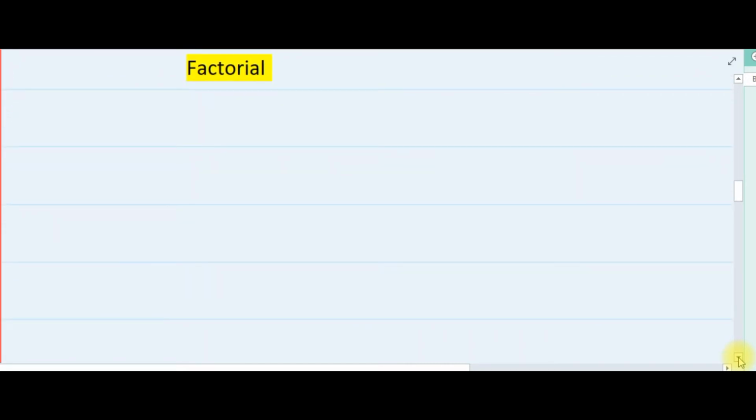So factorial. Whenever you see n factorial, it is always n multiplying the terms down to 1. And formally we take n to be greater than or equal to 0.